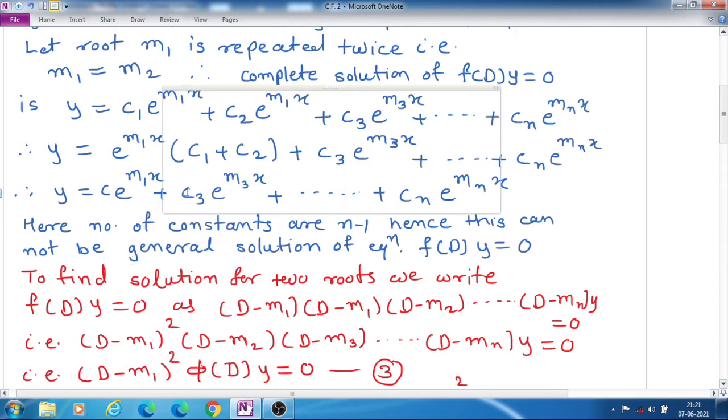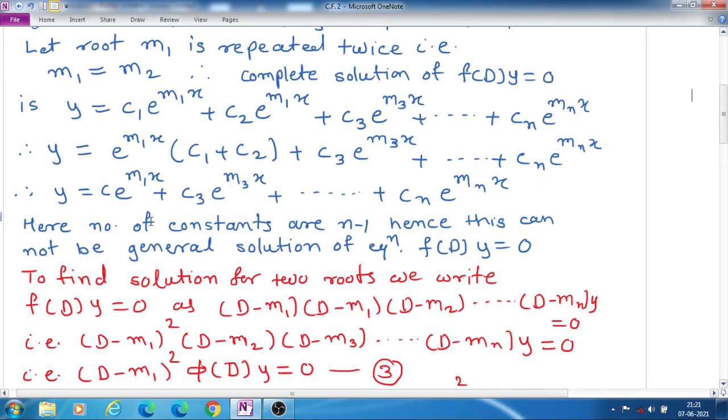Now since we have substituted these two constants by one constant, the number of constants is decreased by one.